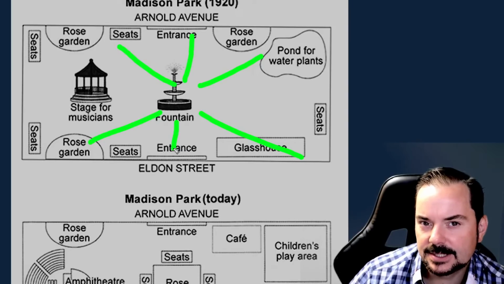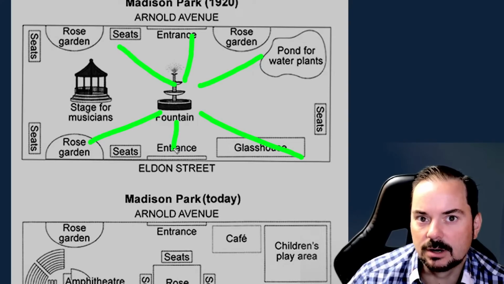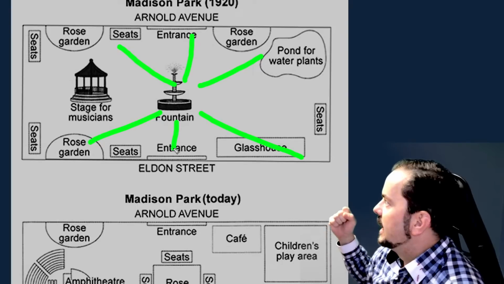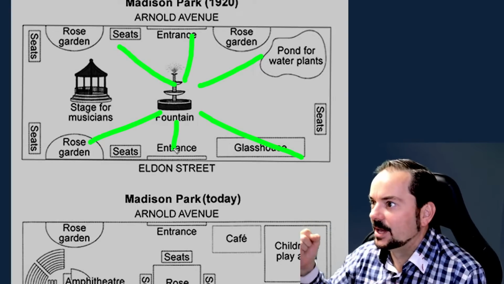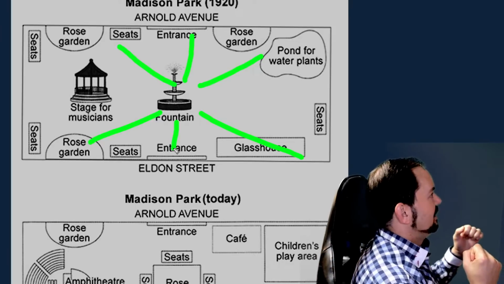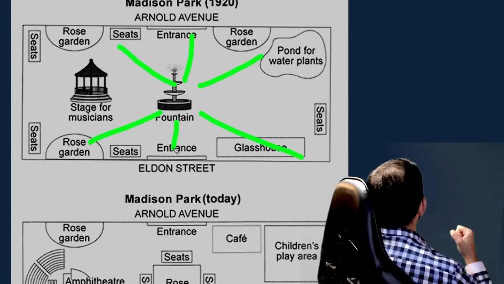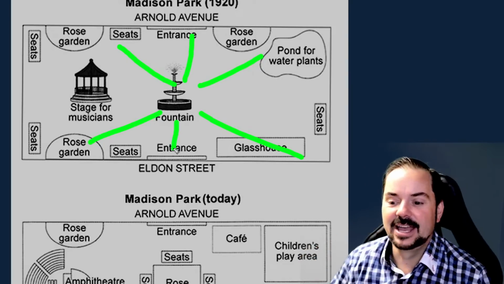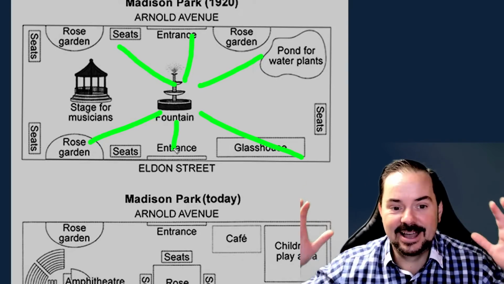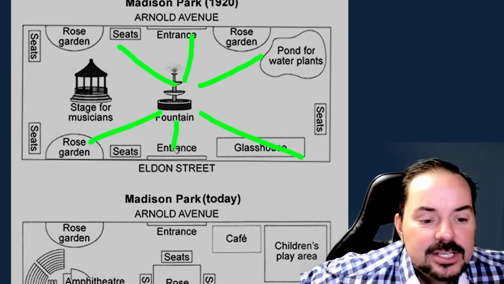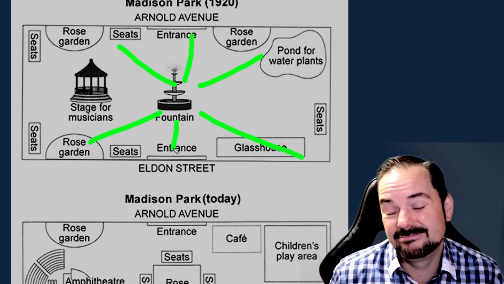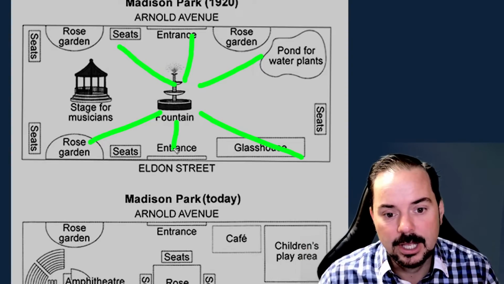And for me, that's an awkward position to start from because it's kind of like I'm sitting in the center of the park and I'm looking that way, and now I'm looking that way, and now that way, and that way. And it's kind of like, where am I? I'm getting dizzy. Okay, so that's why me personally, I probably wouldn't start this description from the center.